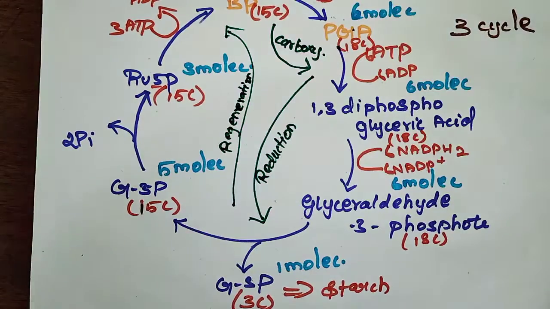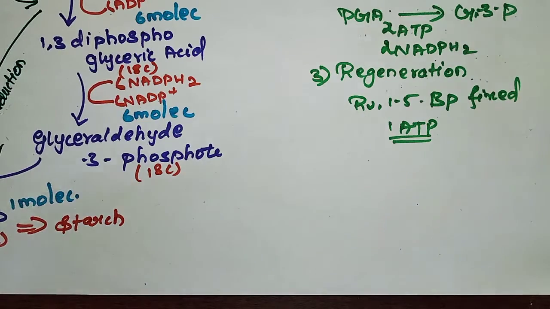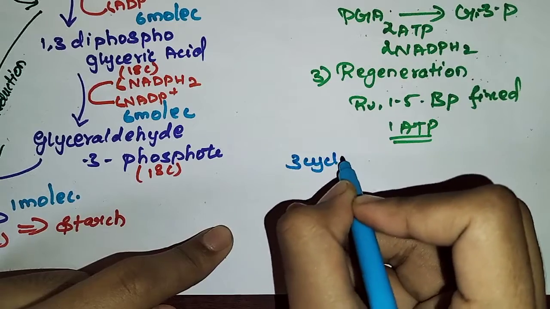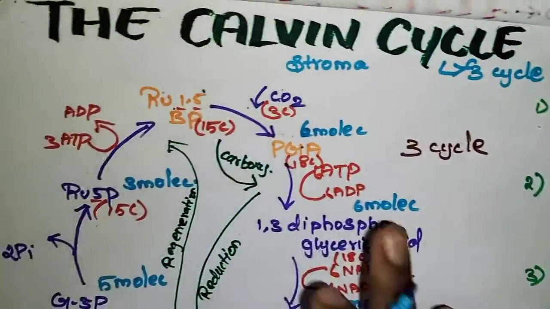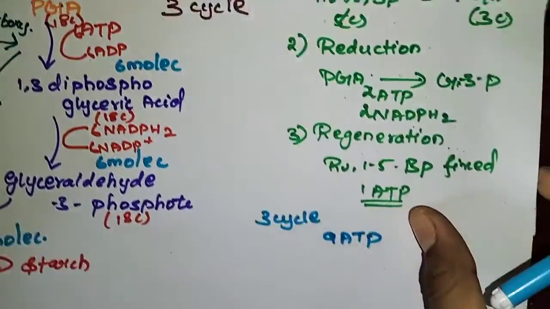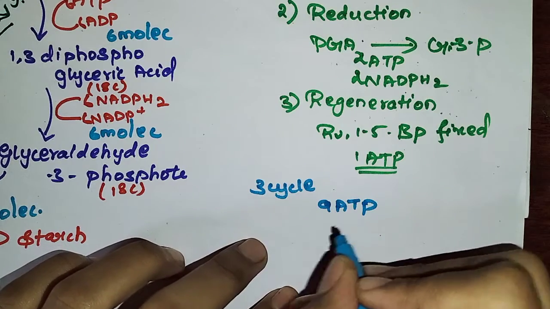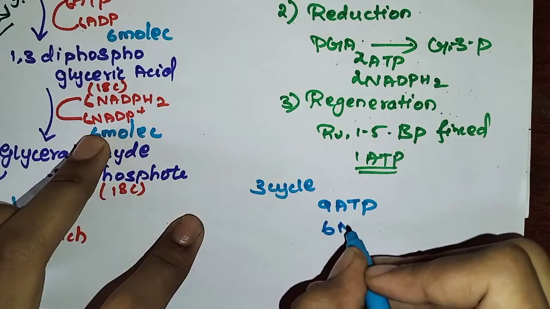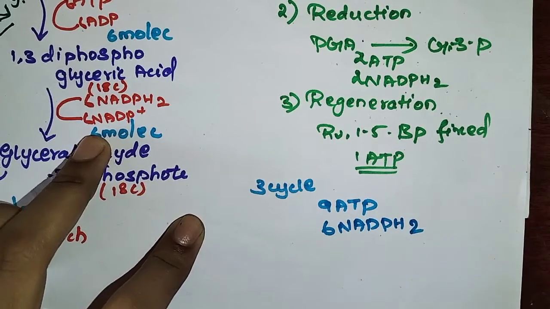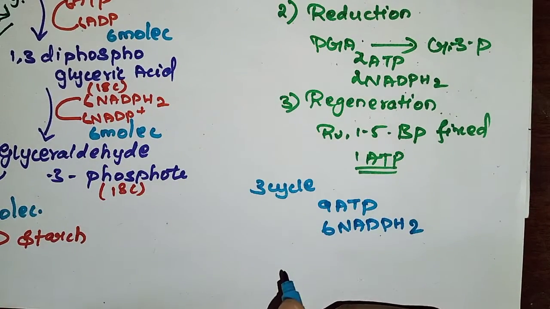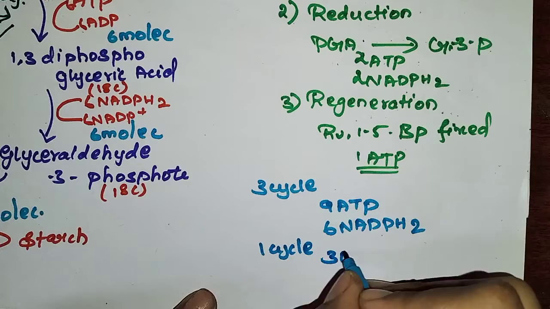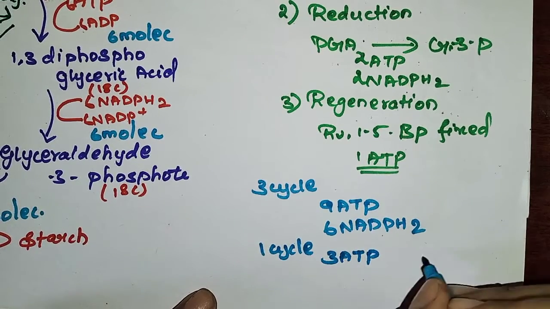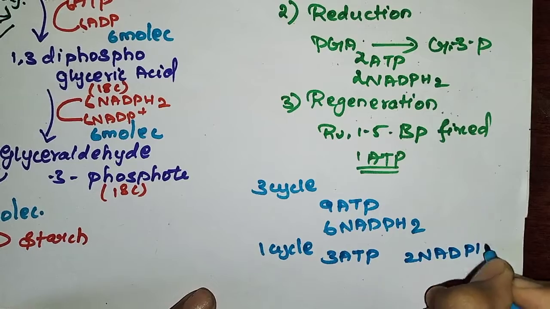Now we will calculate the ATPs used in this cycle. For 3 cycles we use 9 ATP. See here 6, here 3, so 9 ATPs. And 6 NADPH2. For one cycle, divided by 3, we use 3 ATP and 2 NADPH2.